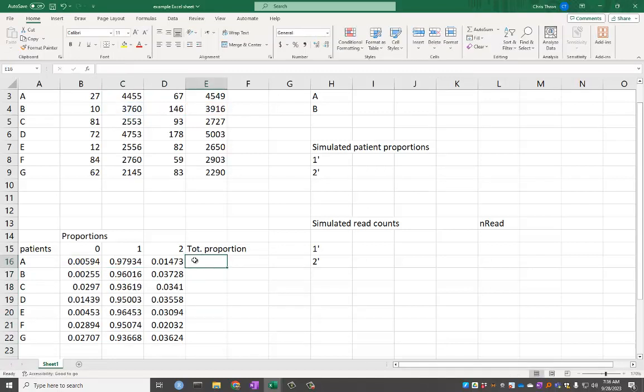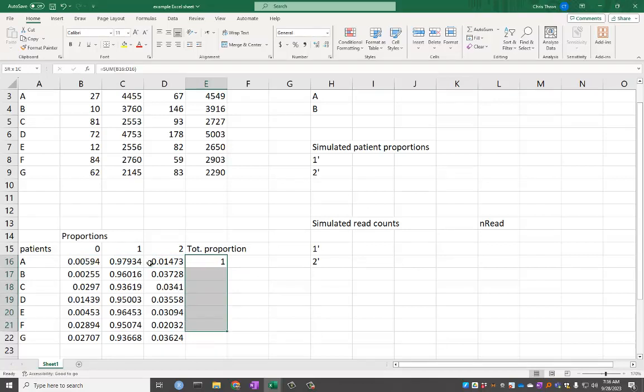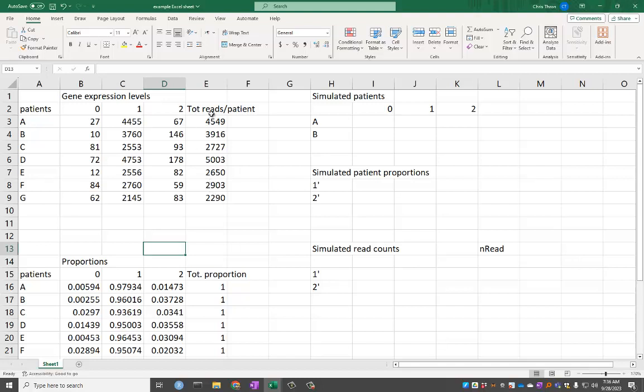If I take the total proportion to check whether I've done this correctly, right. Now, you see that the total reads per patient are different from patient to patient.